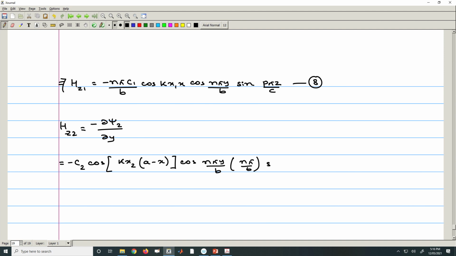And then sin p pi z upon c. Okay. So, that we can write down like minus of n pi upon b c2 cos of k x2 a minus x cos of n pi y upon b sin of p pi z upon c.